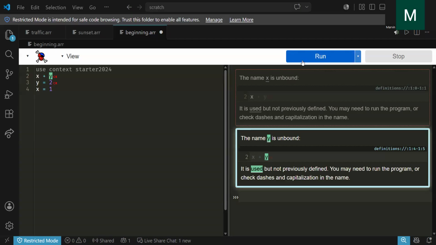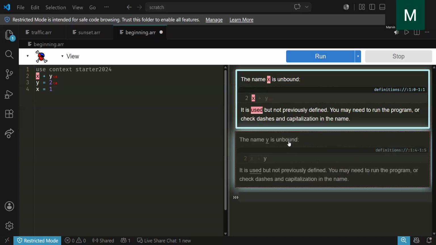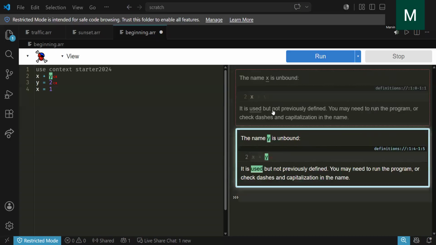Ah, it's unbound. It is used but not previously defined, right? Because it hasn't been defined yet. But the same is for the x. Yeah, it just highlighted the y, not the x, but they are both above the equation.